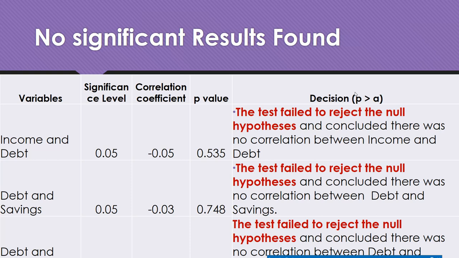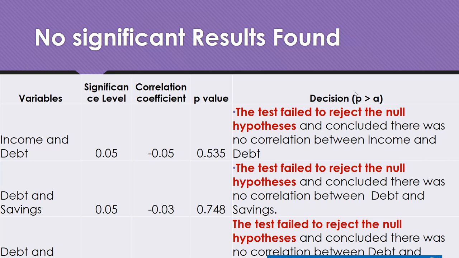Here, the p-value is greater than alpha, and the decision was the test failed to reject the null hypothesis and concluded there was no correlation between income and debt.